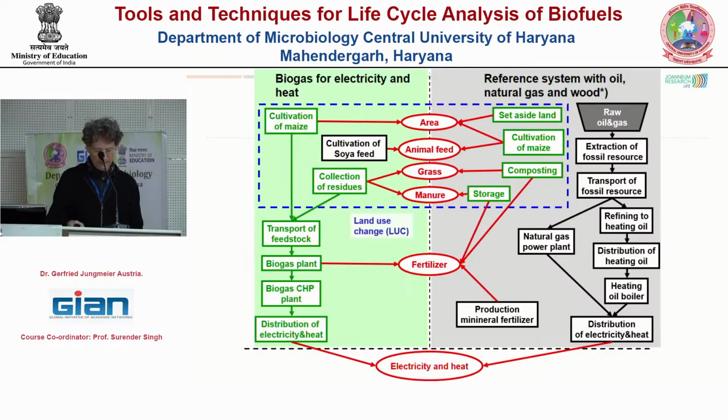And I will touch on the next slides that in agriculture, methane emissions and nitrous oxide emissions are very strong emissions coming directly from agriculture. So they are also reflected here in the LCA.